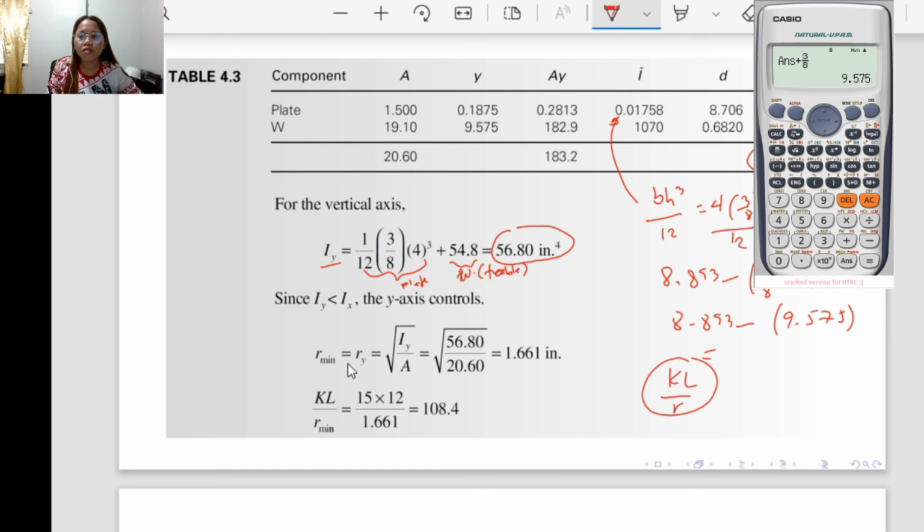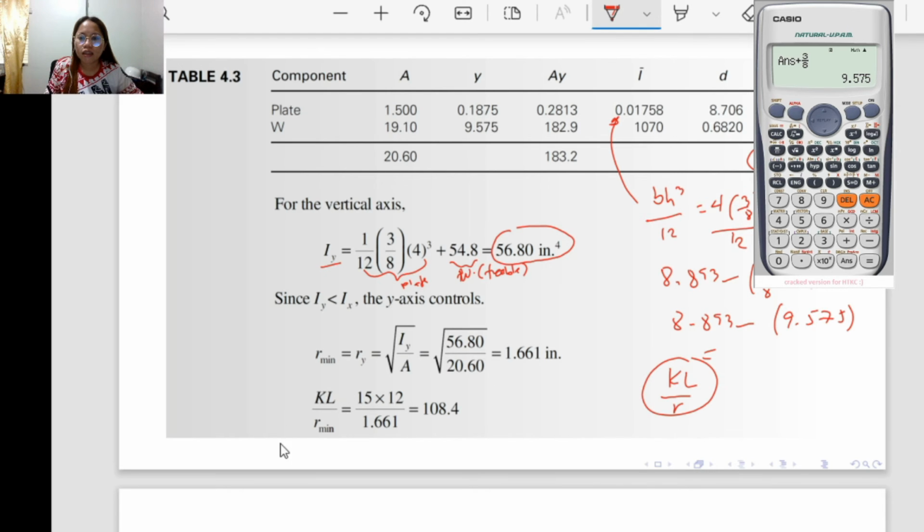So, this minimum radius of gyration is your Ry because the y-axis controls: square root of the moment of inertia along y-axis divided by the total area of the whole component. So, the moment of inertia is 56.8. So, the minimum radius of gyration is 1.661.